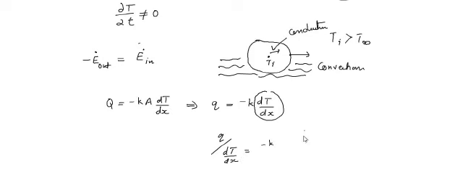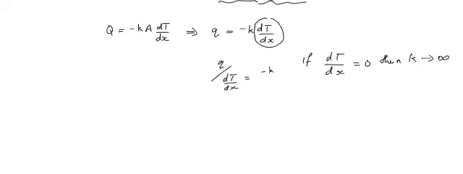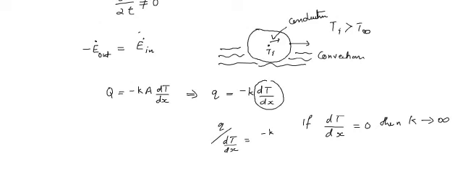Now if dT over dx, which is the temperature gradient, is equal to 0, then k tends to infinity. Which means you will have infinite thermal conductivity, which is actually impossible, but we can just make an assumption of that sort.